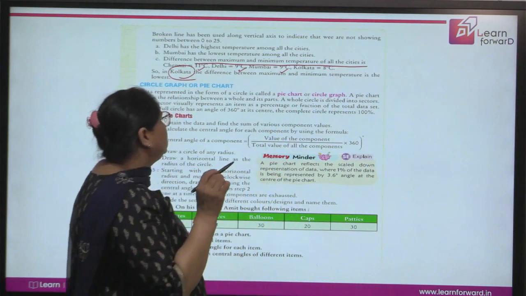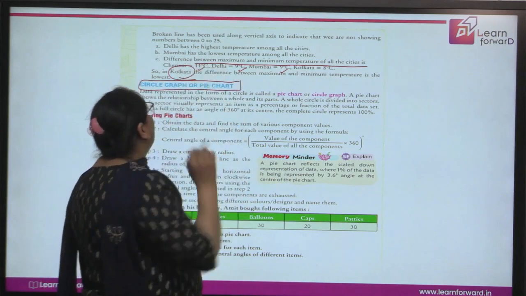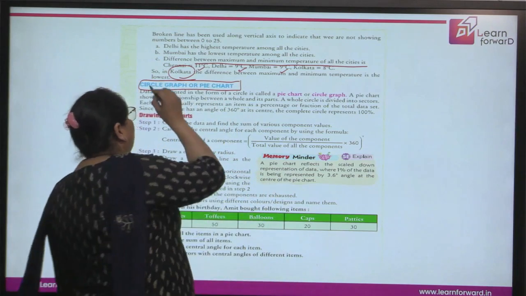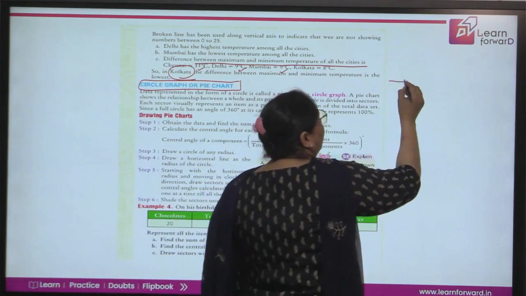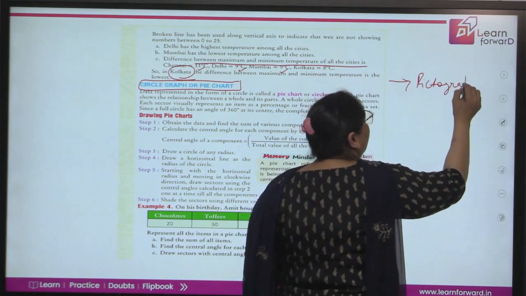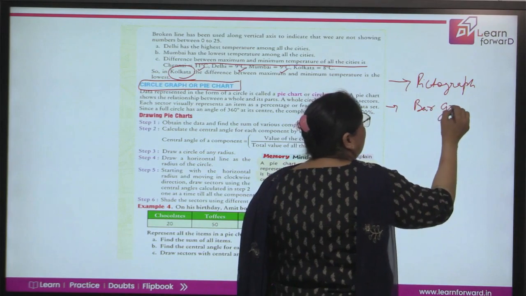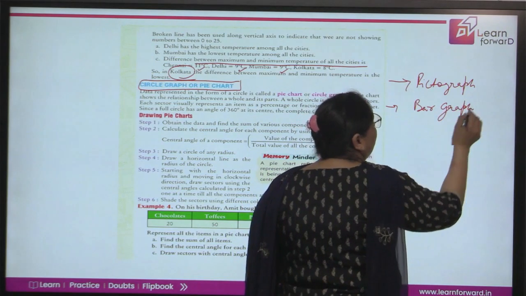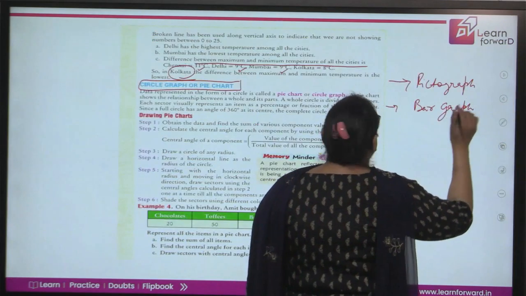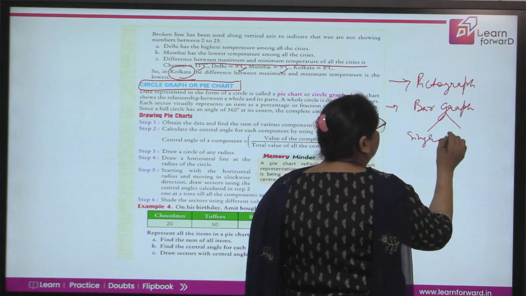Now this is a very important topic we will be introducing in class 8: circle graph or pie chart. This is the third method. We have gone through the pictograph, then the bar graph. There are two types of bar graphs, single and double.